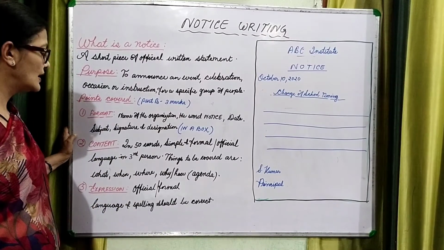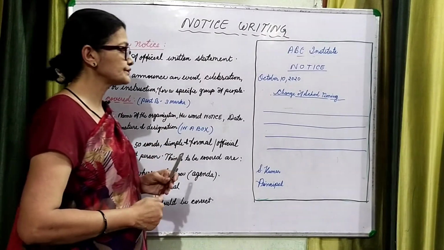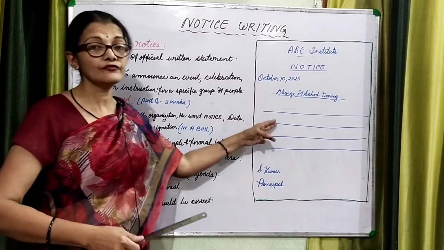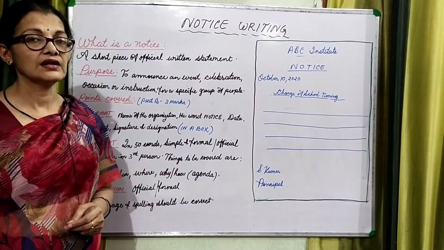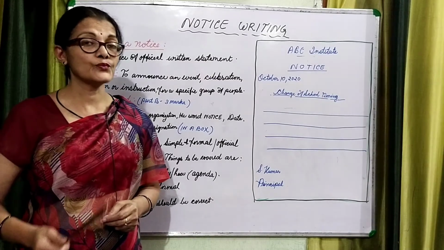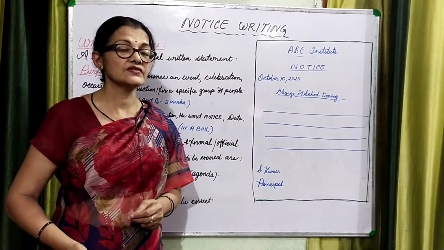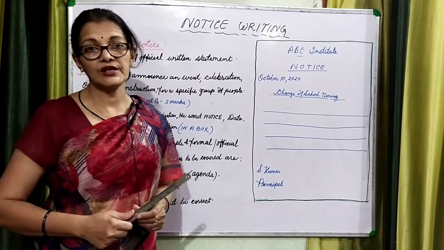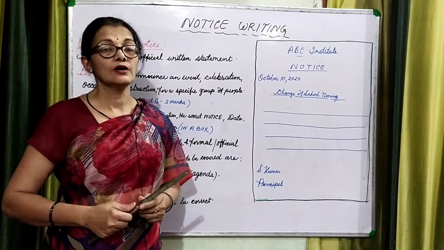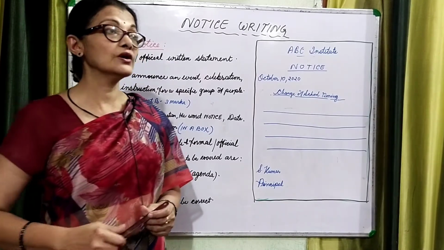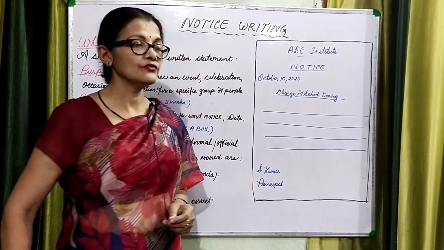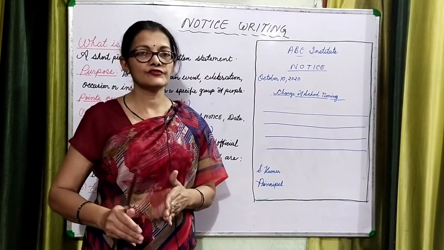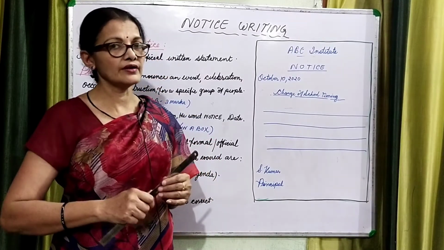Content. This is where you have to show your skills. As prescribed by our CBSE, the content should be in 50 words. It doesn't mean that you have to count 1, 2, 3, 4 and 50. Fine, approximately 50 words. It depends on your handwriting, children.